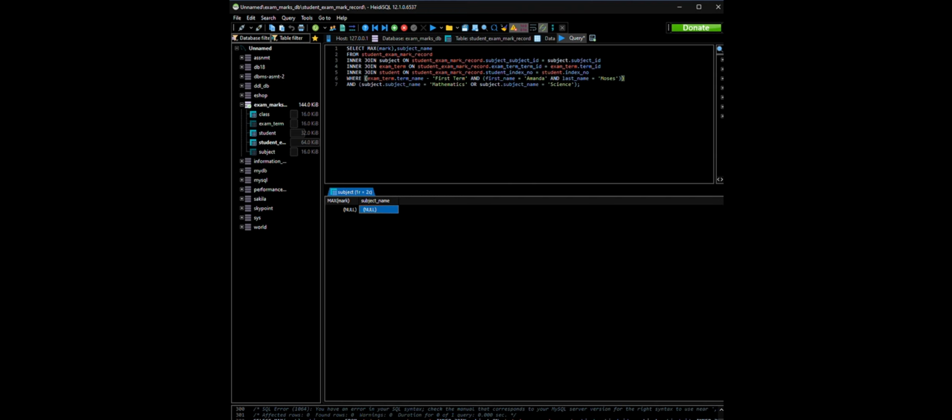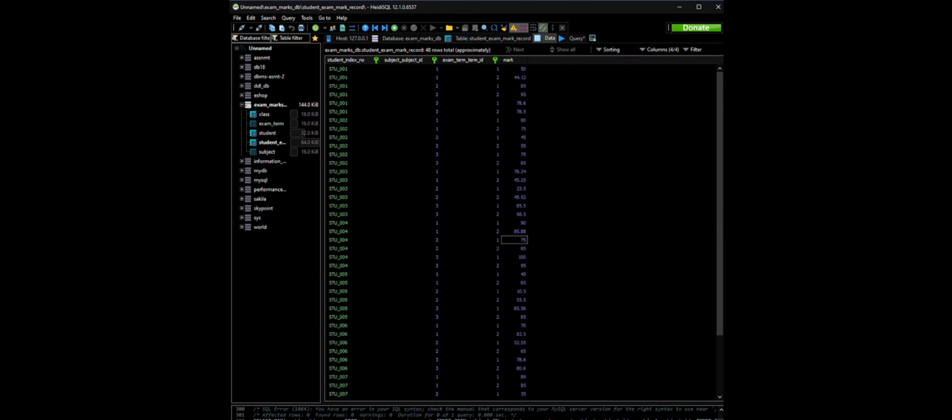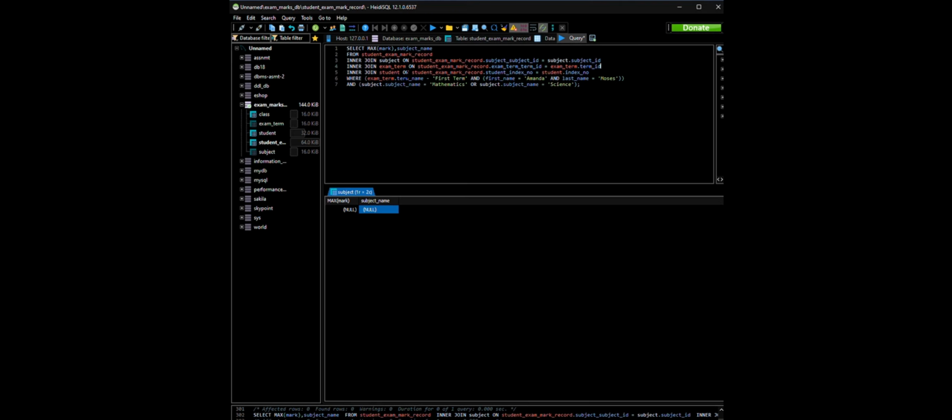So we have searched for the max mark from the student exam mark record table. So we have the marks here. The mark should be 90 for the subject of maths. So to get that value, let's see what is wrong here.